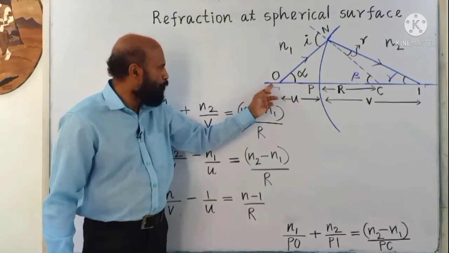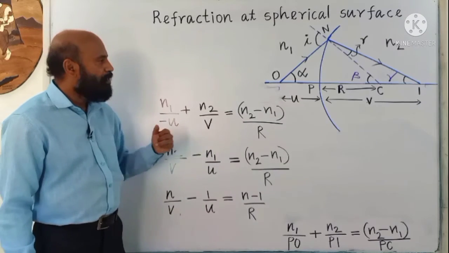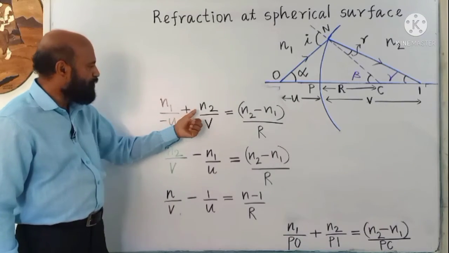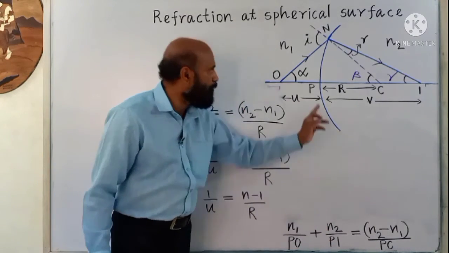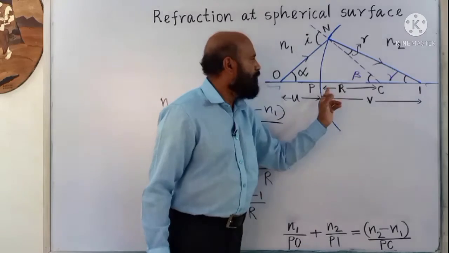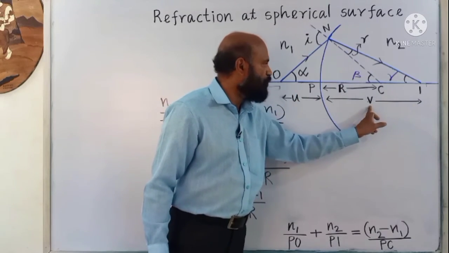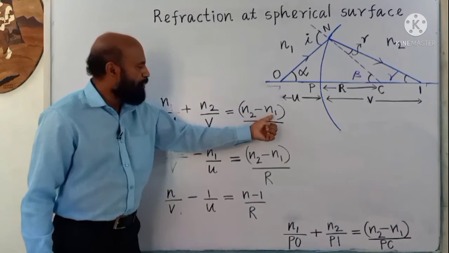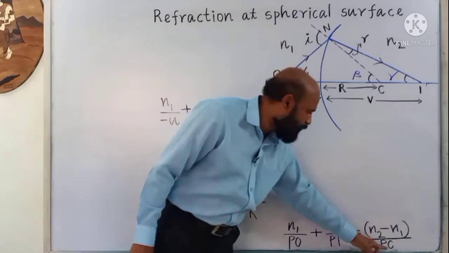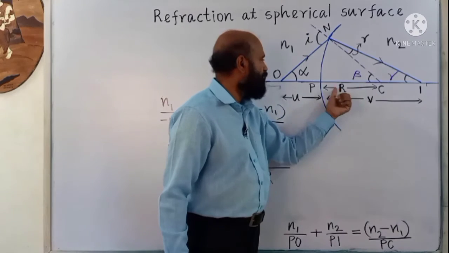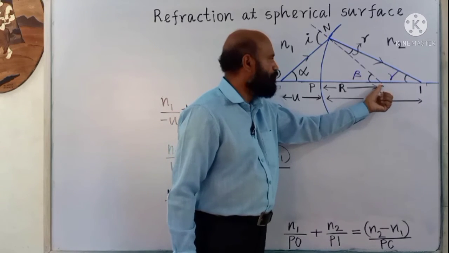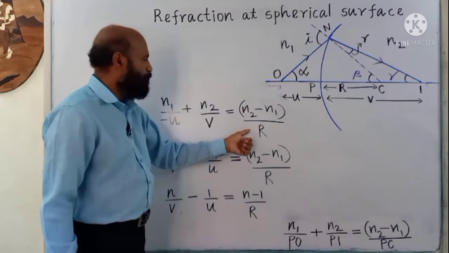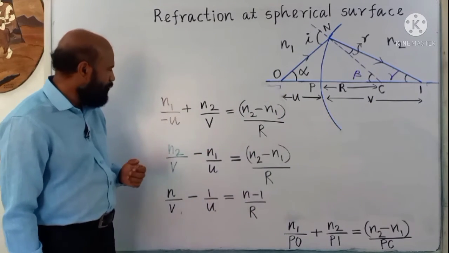So instead of PO, you can write minus u, since it is measured towards the left, plus N2 by PI. It is measured to the right, so it is positive, plus V, is equal to N2 minus N1. Instead of PC, we can write R, pole to center of curvature. It is measured towards the right, so positive.